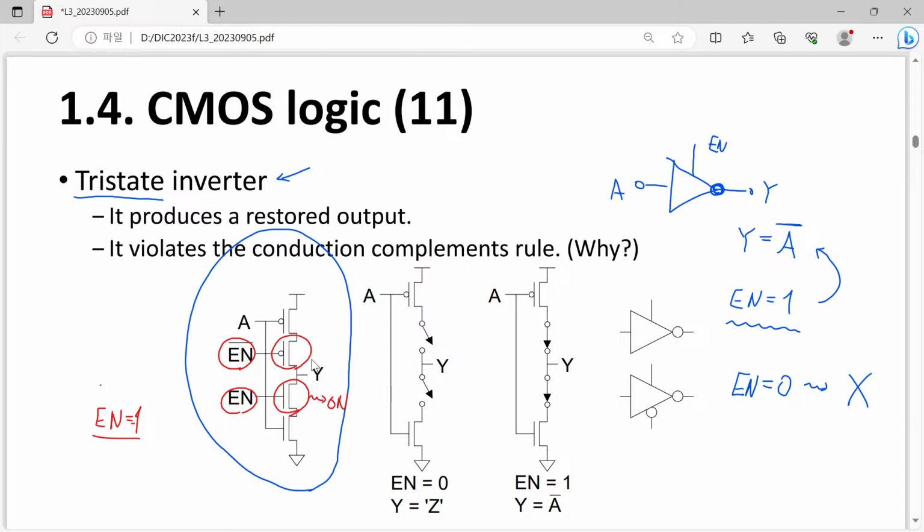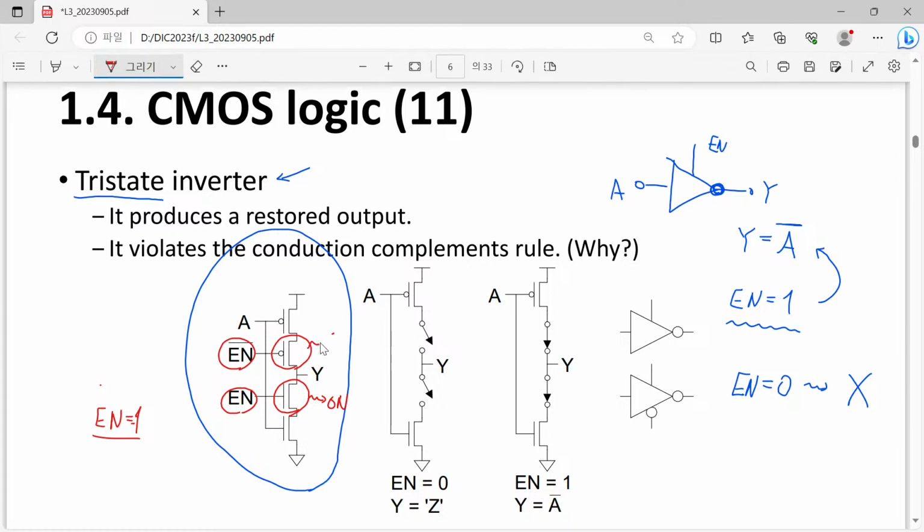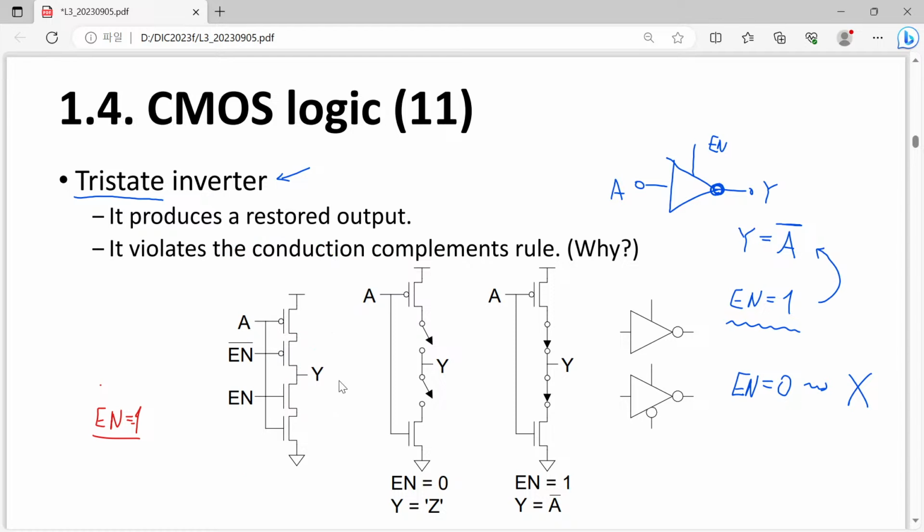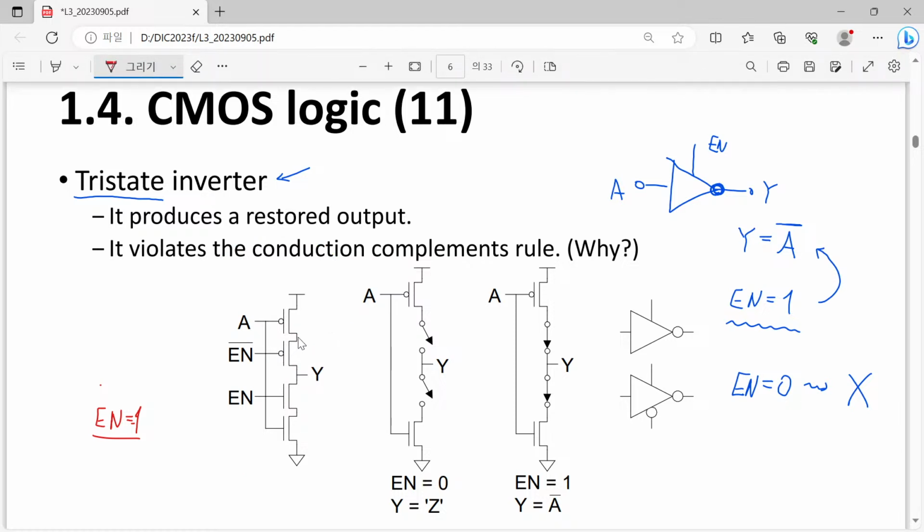At the same time, our P MOSFET is also turned on because its gate is biased with bar of the enable signal, not just the enable signal. So when enable equal to 1, both our P MOSFET and N MOSFET are turned on.